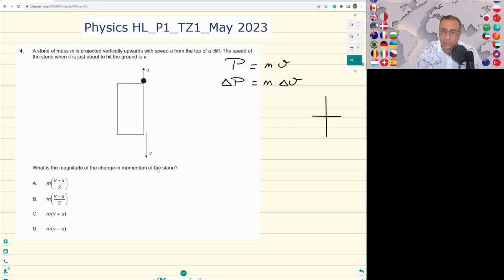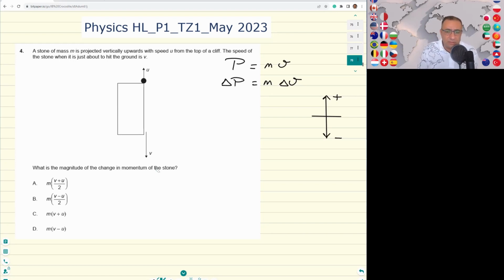It's totally up to you. Someone may feel comfortable saying vertically upwards is positive, and vertically downwards is negative. But if you switch it, you should get the same answer, no problem. So I'm going to use the most popular convention: up is positive, down is negative.